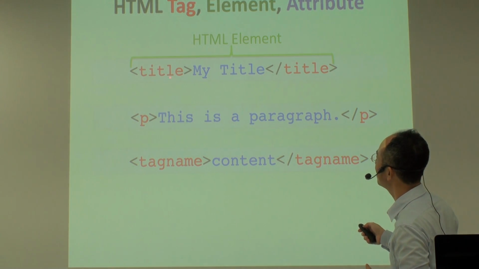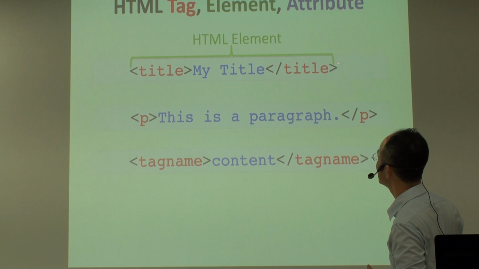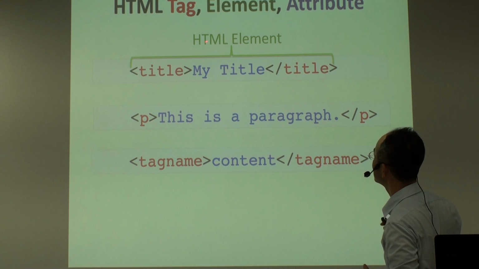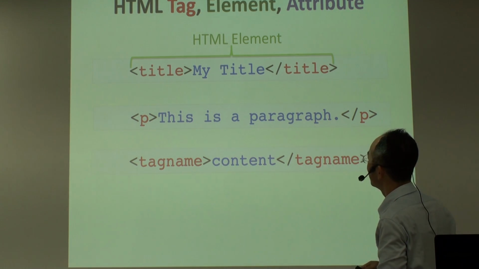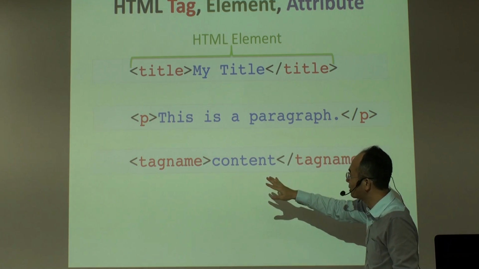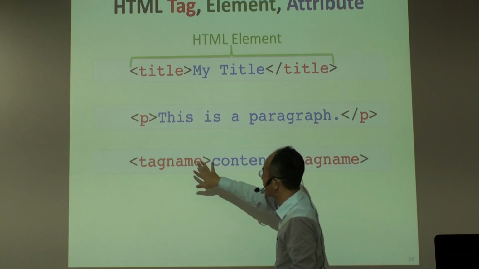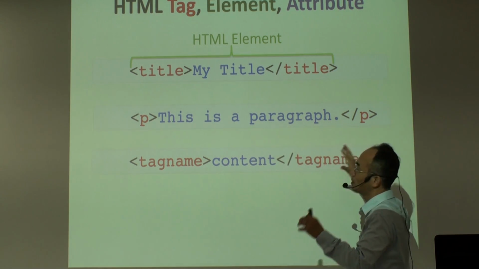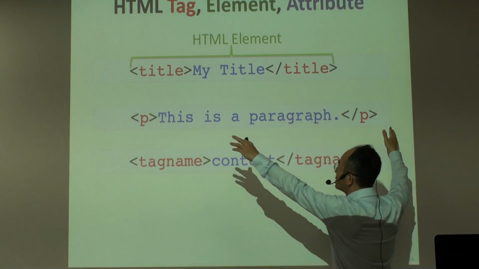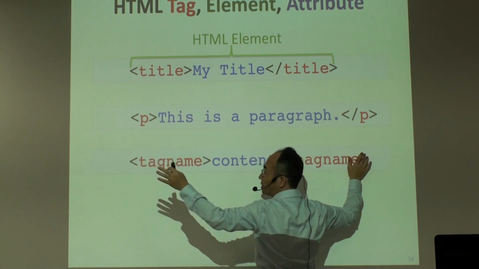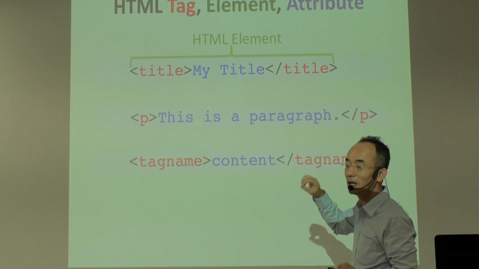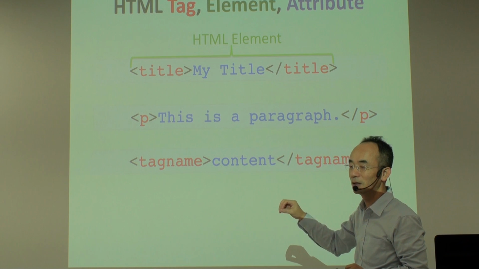For example, here are the HTML elements. These elements have a tag and its content. For the p tag, this is a paragraph, and here is the tag name and this is the content. So now you know the p tag and title tag, and we call this an HTML element. HTML documents contain a lot of HTML elements.